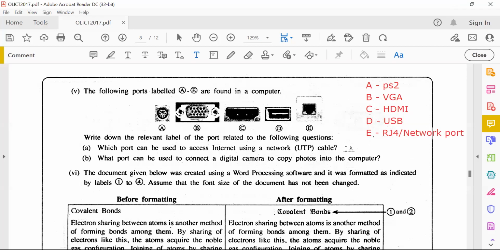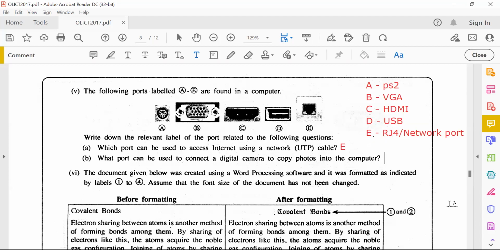So we know that this should be E, and what port can be used to connect digital camera to copy photos into the computer? It says the port can be used to connect a digital camera to copy photos.